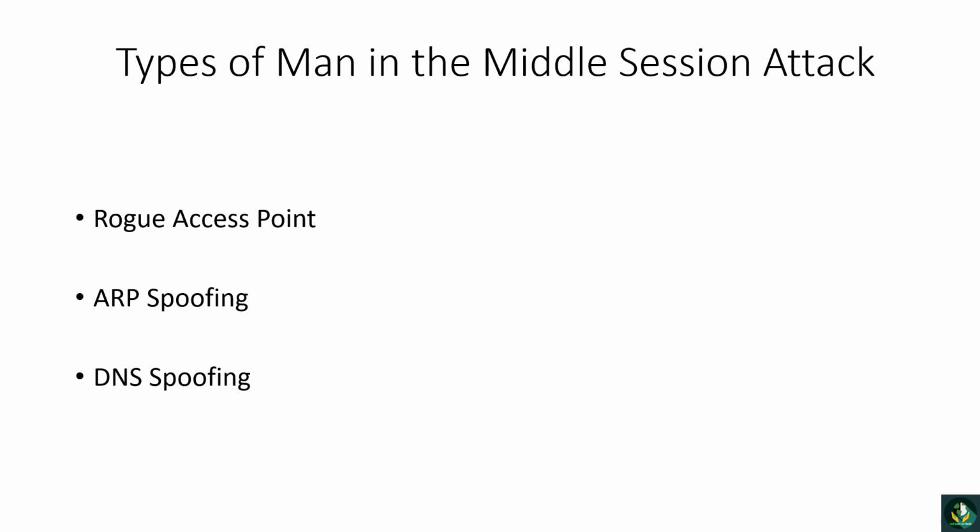The poisoned cache will cause the target to access the attacker's host rather than the legitimate host. Then the victim of a DNS spoofing attack may provide sensitive information under the assumption that it's communicating with the trusted host.